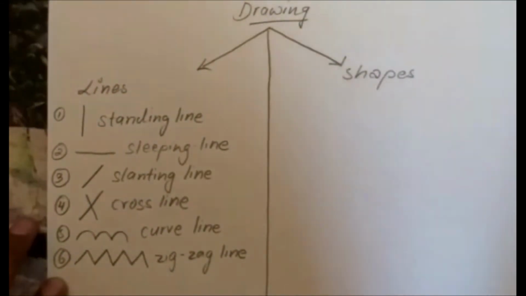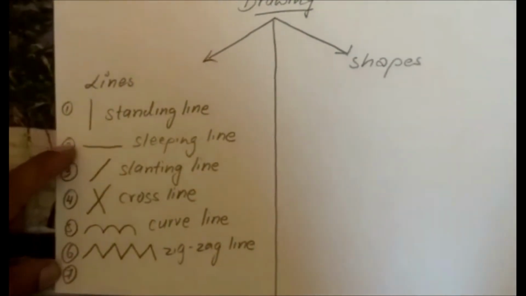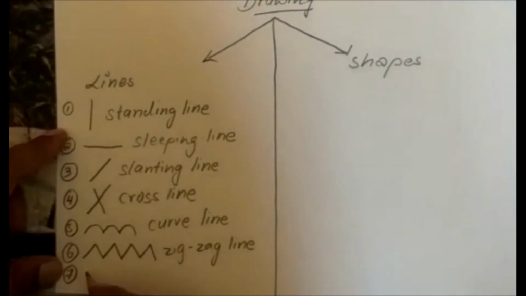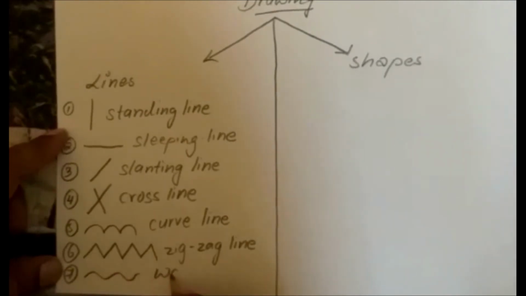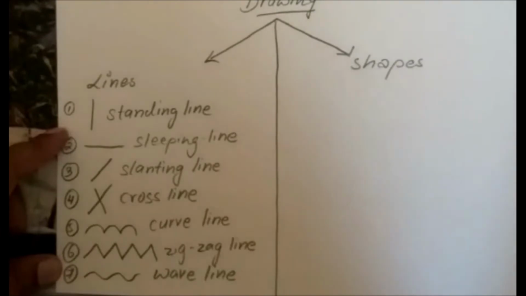Now I'm going for a seventh, a wave line, which is useful for making water, making a snake, unusual land, not a perfect land.